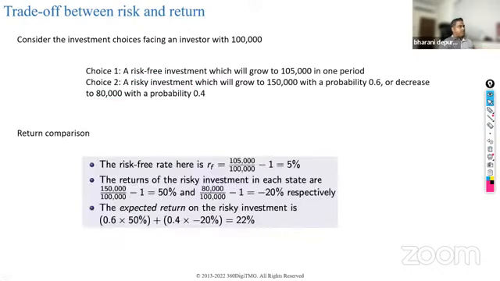Now let's do the comparison. If you want to know how we arrived at that 5%, I said you have say 100,000. If you are going to get 105,000, that means you get a 5% return on investment.